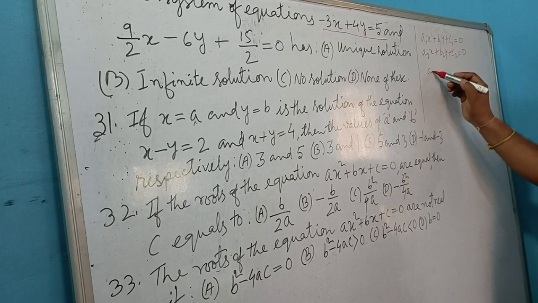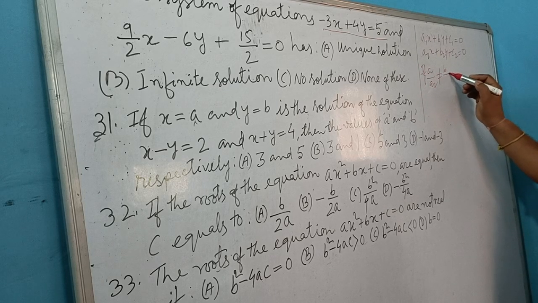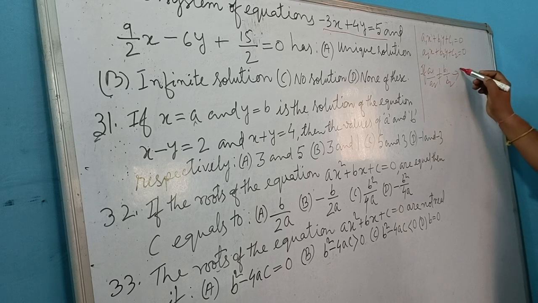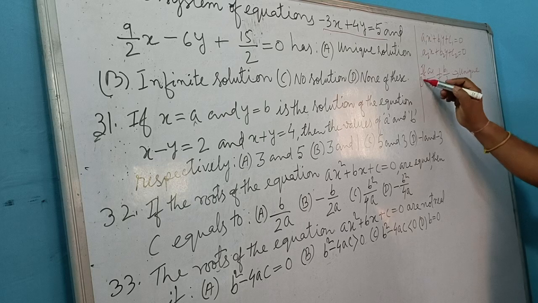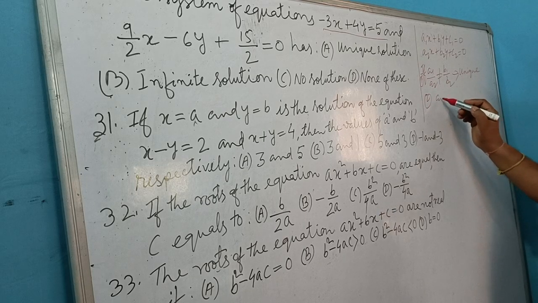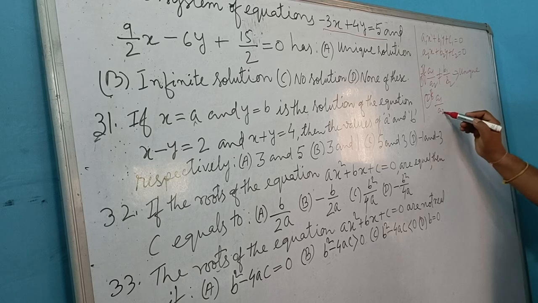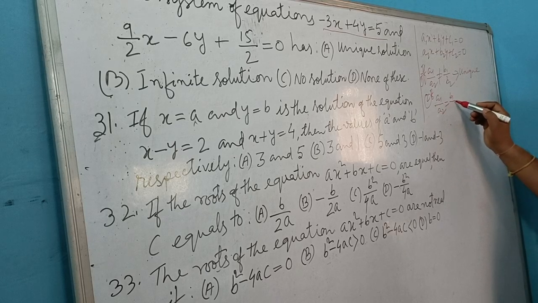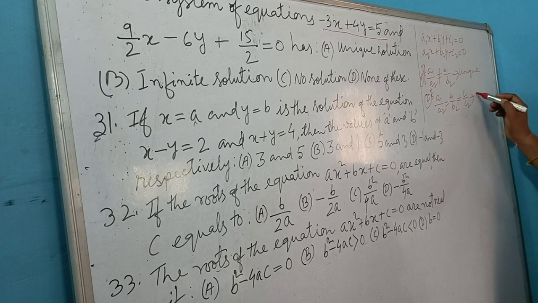Algebraically we know, if a1/a2 is not equal to b1/b2, then it has a unique solution. Just I'm writing the points. This is number 1. Number 2, if a1/a2 = b1/b2 and is not equal to c1/c2, then it has no solution.